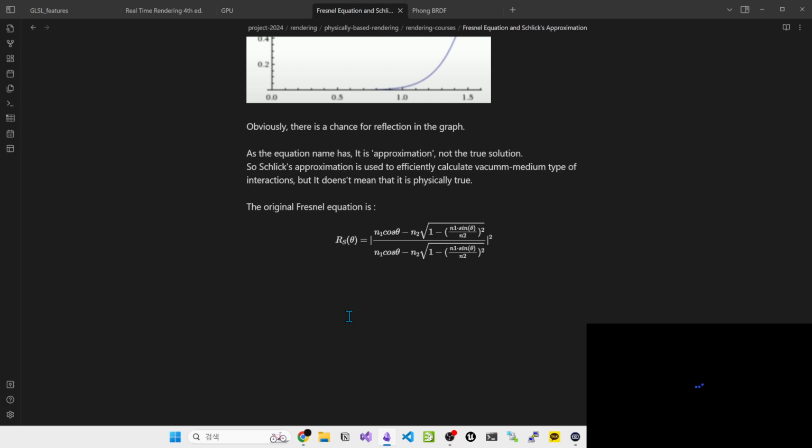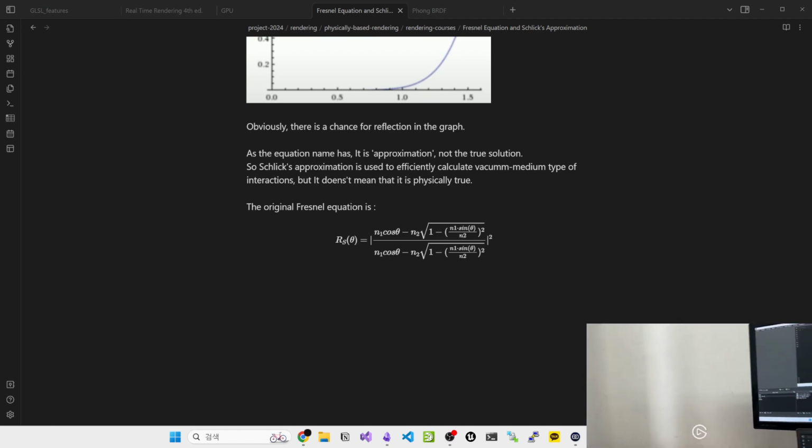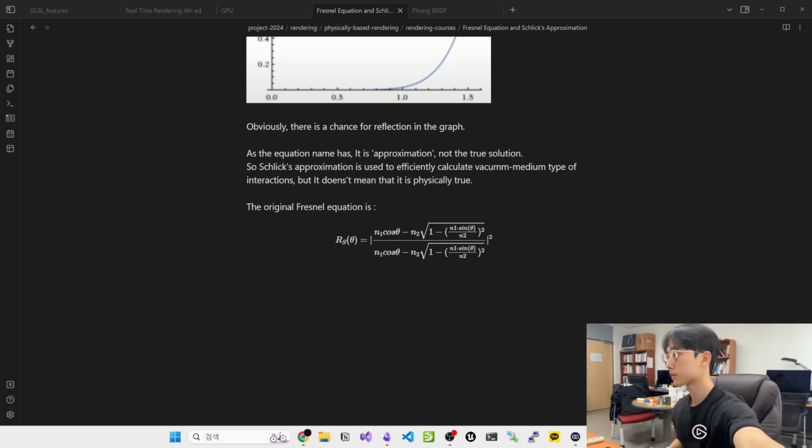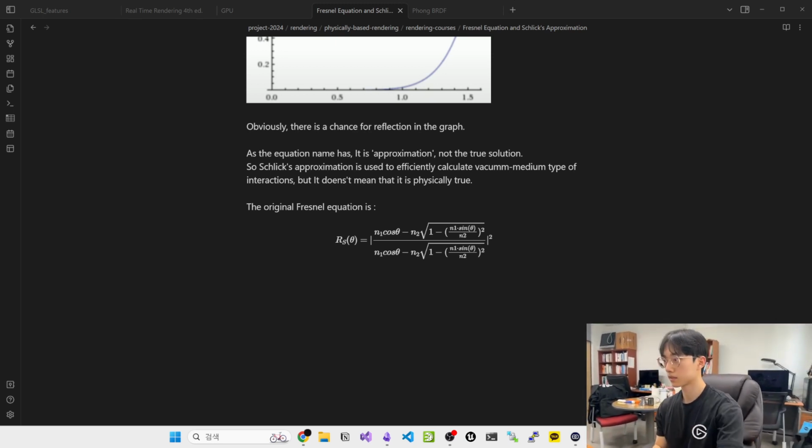There is still one thing that we don't know, and it's about angles. So we know about probabilities.